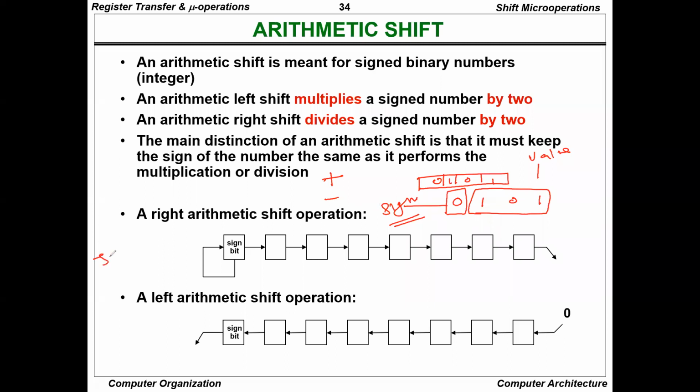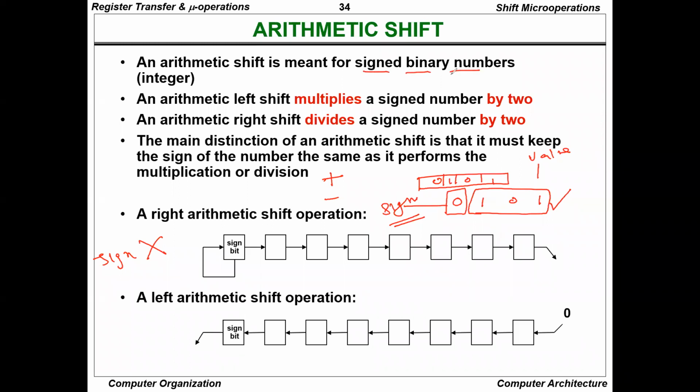Sign को हम लोग कभी भी shift नहीं करेंगे, but only the value will be shifted. I hope this thing is very clear to all of you. So see, the arithmetic shift is meant for signed binary number.